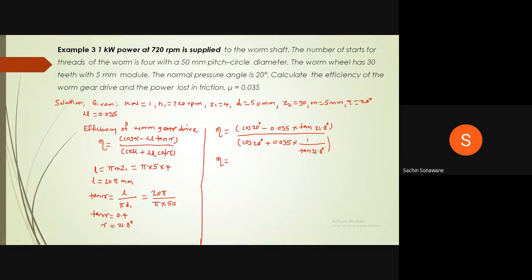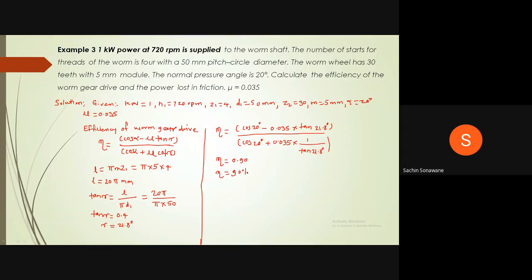Please calculate. 0.90 means efficiency is equal to 90%.